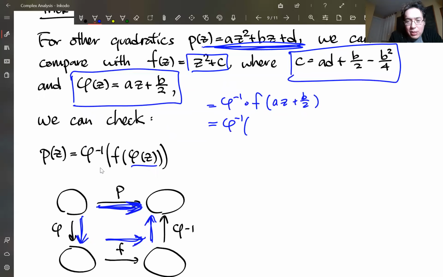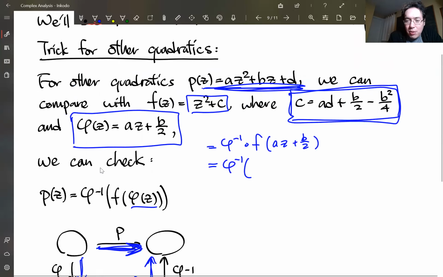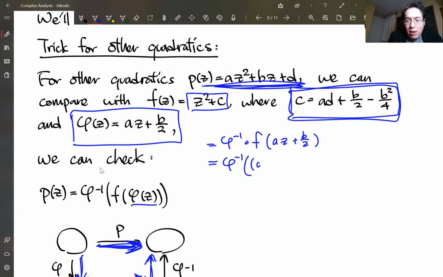But remember, the c is this guy. So I'm going to square az plus b over 2, and then I'm going to add c, which is the same thing as ad plus b over 2 minus b squared over 4.